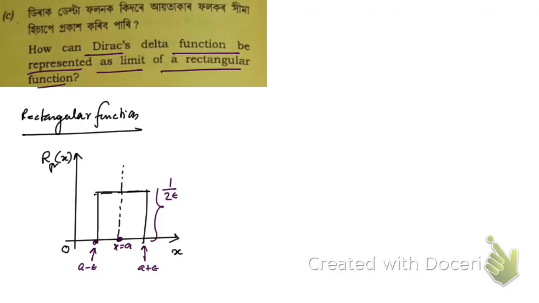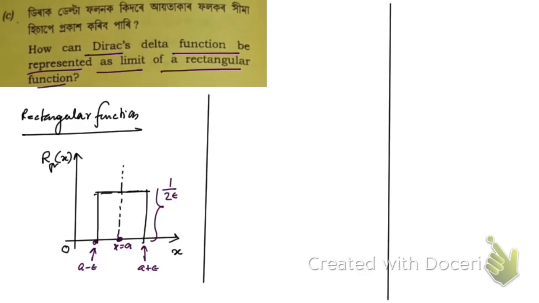So now you see, how to write this function? Let me split the screen into 3 parts. So how to write this function? Here we're going to write this function in this way, r sigma of x is equal to 1 by 2 epsilon when, just give me a second.